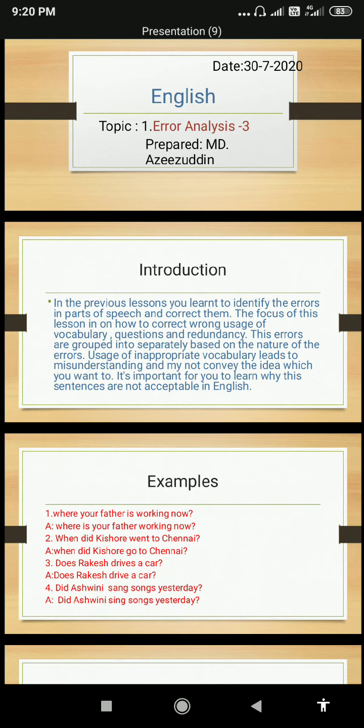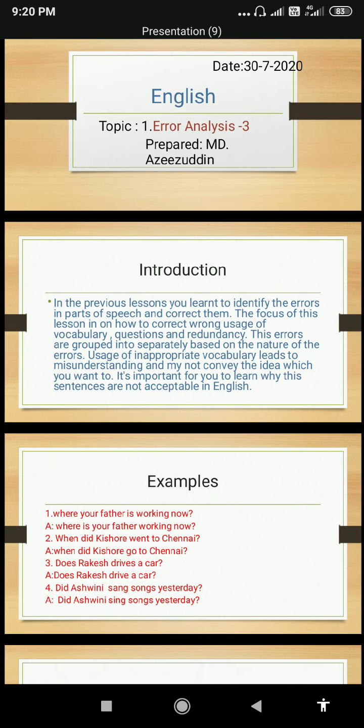Next, let us have a glance over slide number 2. This is related to today's topic. So have a glance over the introduction. In the previous lesson, you learnt to identify the errors in parts of speech and correct them.